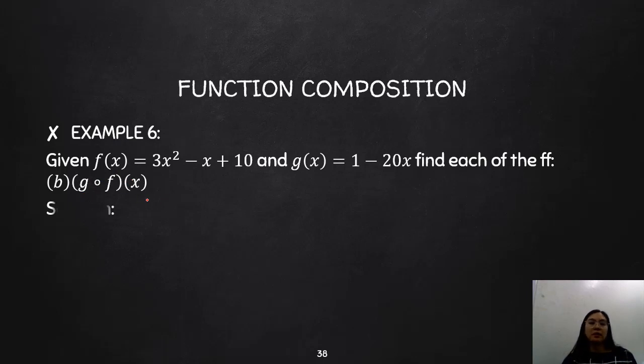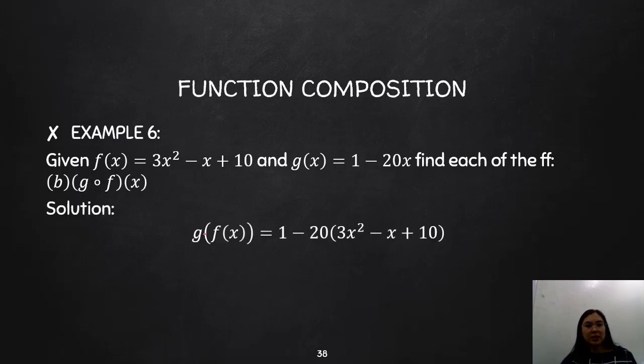So, g of f of x, ibig sabihin, yung f of x na value, ilalagay lang natin siya doon sa g of x na value. Since yung f of x, wala ka namang kailangang baguhin. Ibig sabihin, itong buong equation lang na ito, ipa-plug in natin doon sa x value na nasa g of x.